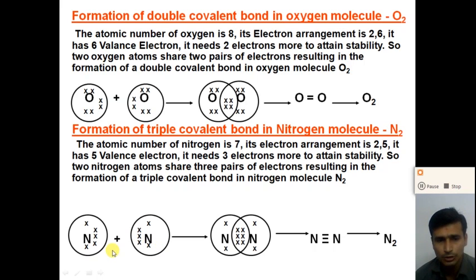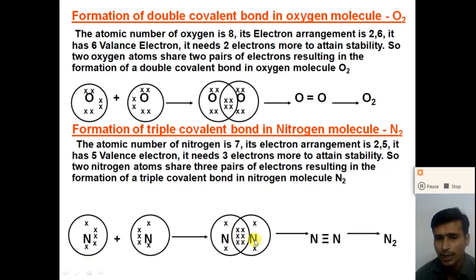So these two nitrogen atoms share 3 pairs of electrons. The first electron pair generates the first covalent bond, the second electron pair generates the second covalent bond, and the third pair of electrons generates the third covalent bond, resulting in the formation of a triple covalent bond between the two nitrogen atoms, right?